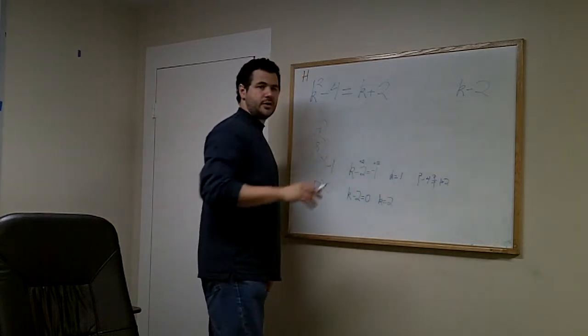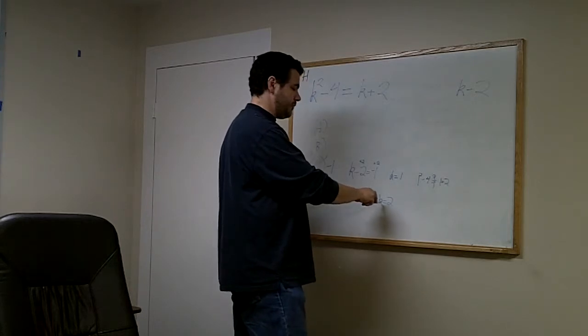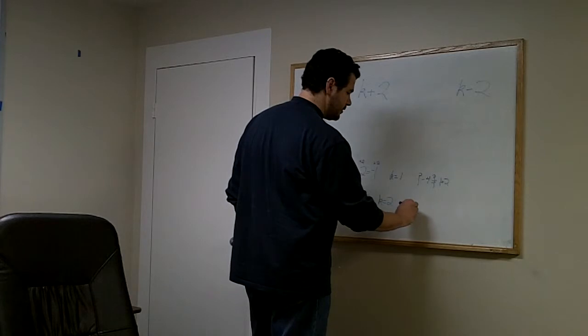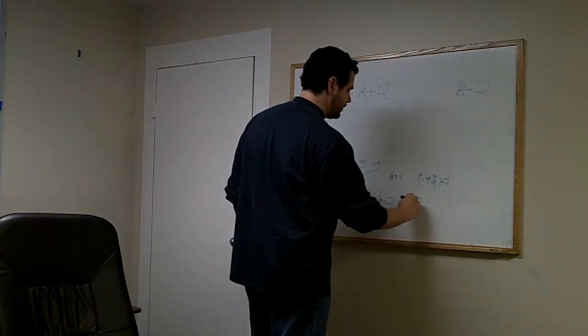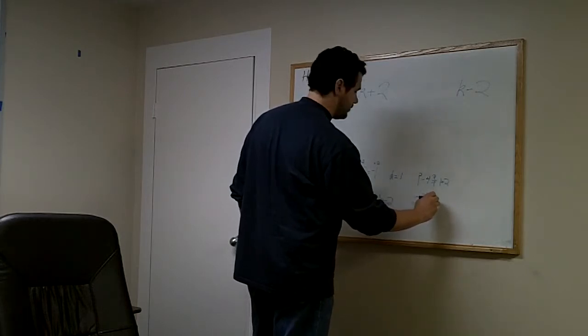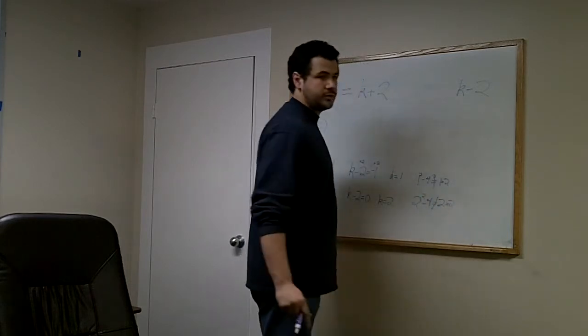See how we said k minus 2 equals 0, therefore k is 2? Plug that in here. 2 squared minus 4 equals 2 plus 2. That's obviously not true.